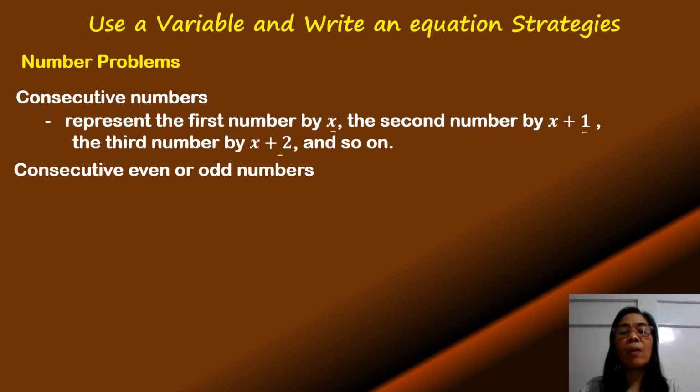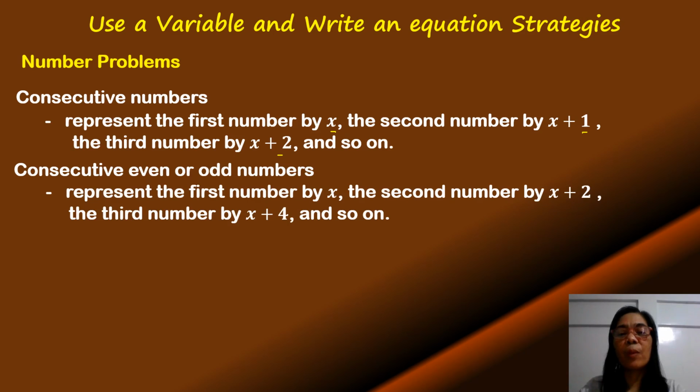For consecutive even or odd numbers, this can be solved by representing the first number by x, the second number by x plus 2, the third number by x plus 4, and so on. So for consecutive even integers, notice that there is an increase of 2 for each succeeding number.